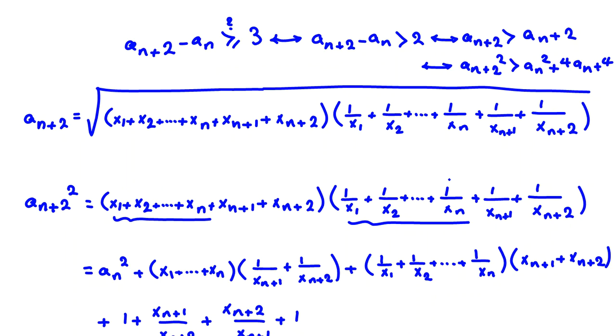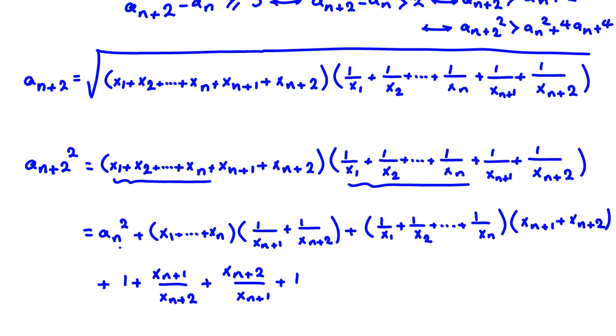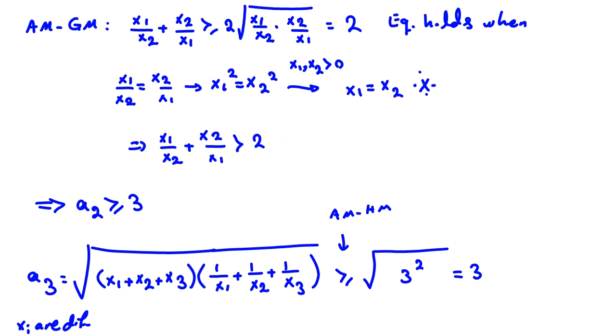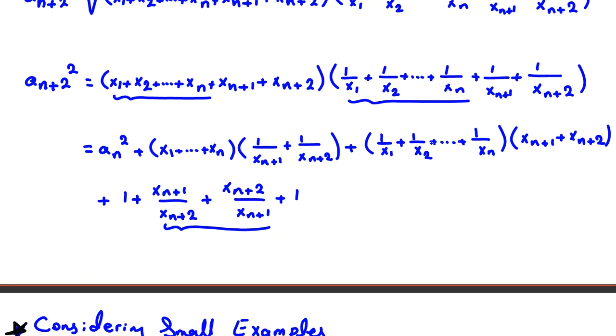Now, we have A_n squared here, we have also 2 here, and by AM-GM, as we proved similarly, for x1, x2, this part is greater than 2. Again, in a similar way, by AM-GM, it is greater than 2. So we can say it is A_n squared plus 2 plus 1 plus 1, which is 4. Only we should prove that the remaining part is greater than or equal to 4A_n.